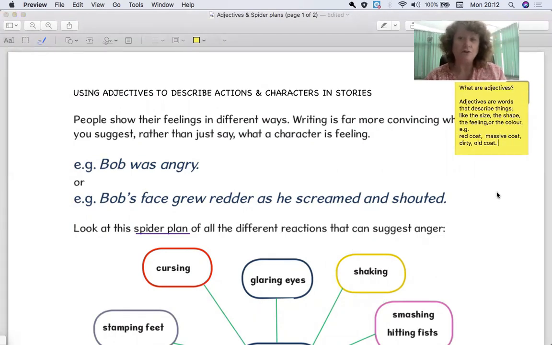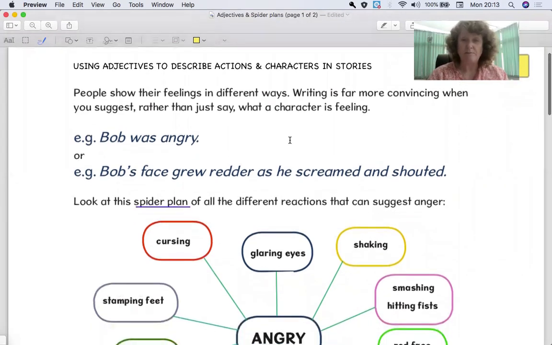So adjectives are words that describe things like their shape, their colour, or the feeling. For instance, it was a red coat, or it was a massive coat, or it was a dirty old coat.